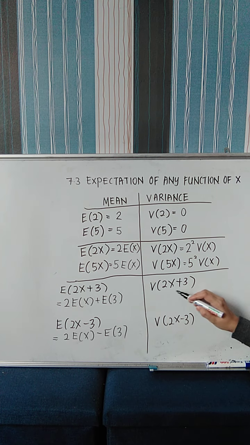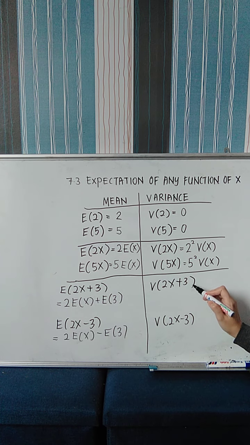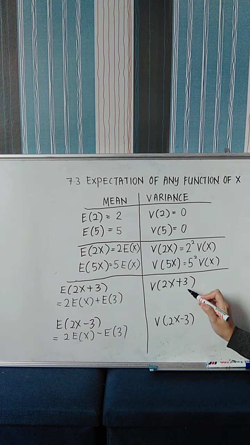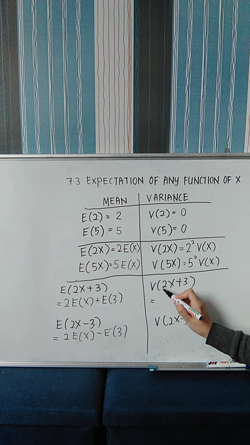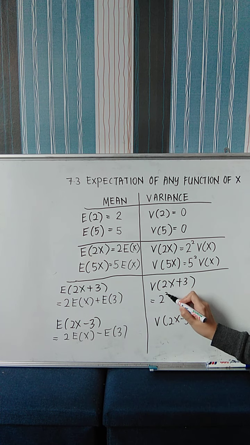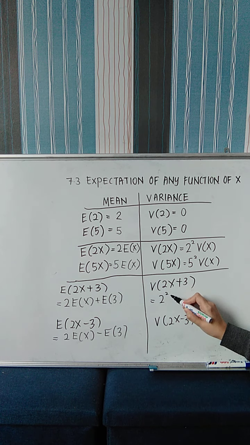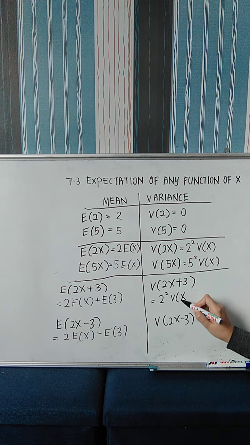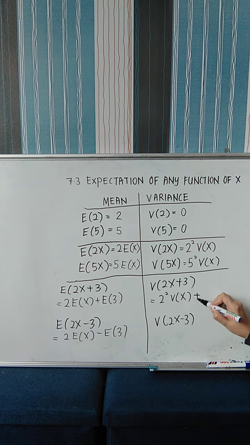Continue to variance of 2x plus 3. If variance of 2x plus 3, the 2 you must square, 2 squared, variance x, plus variance 3.